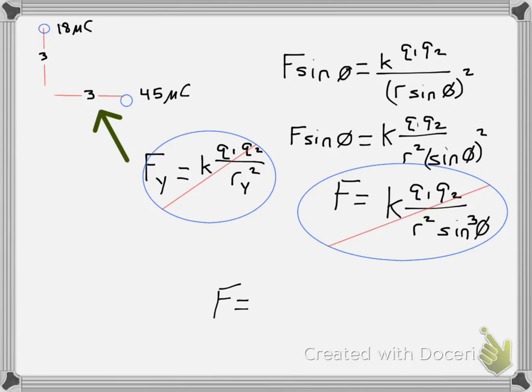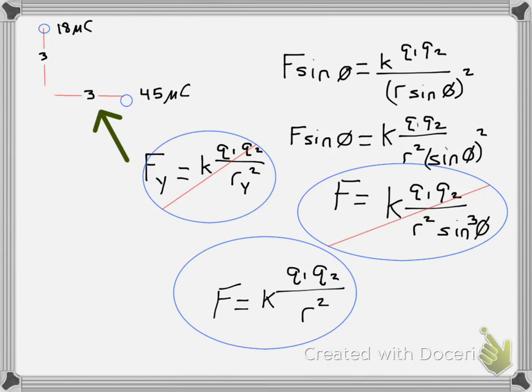The equation we want to get to is F equals k q1 q2 over r squared. So this whole sine cubed theta ends up giving us a false notion, which is why we kept getting the wrong answer. So the only way to possibly do this is to find the force that the 18 microcoulombs exerts on the 45, and break that into its x and y components.